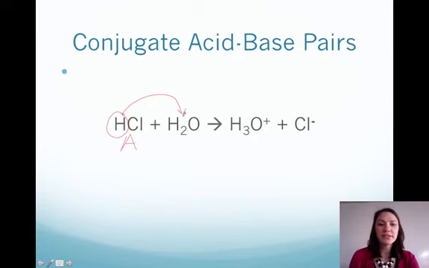Once it's donated the proton, we have a name for it. The chlorine that's left over is called the conjugate base. And the water acts as the base, and once it accepts the proton, it becomes more positive. We call that the conjugate acid. We're going to learn how to label each of these in a few moments.